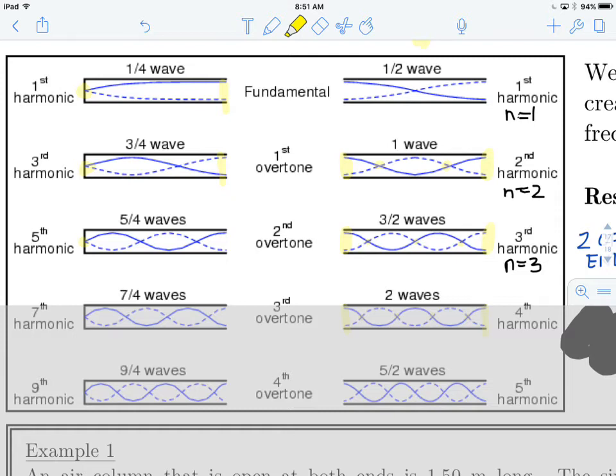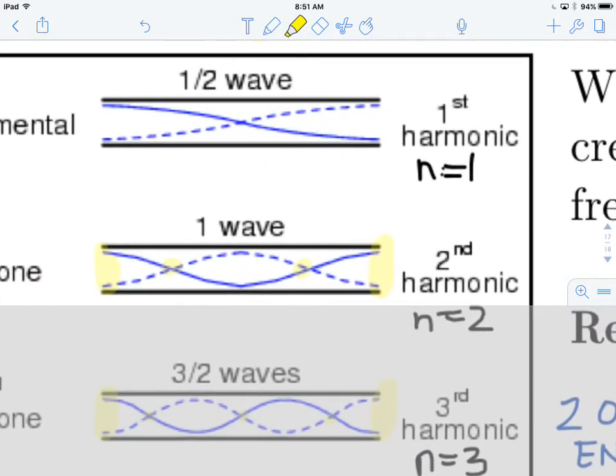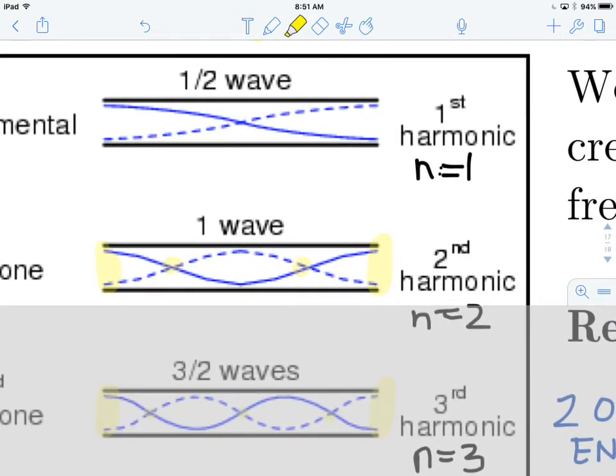Now, you'll notice that the pattern isn't quite as straightforward as these pipes right here. The pipes that were open at both ends, the pattern goes 1/2, 1, 1.5, 2, 2.5, 3.